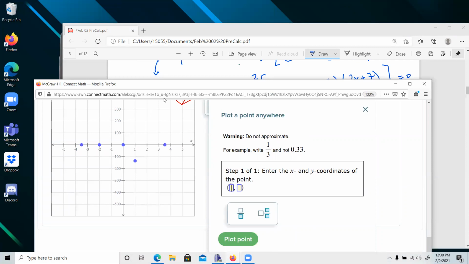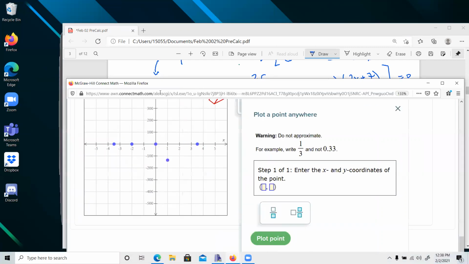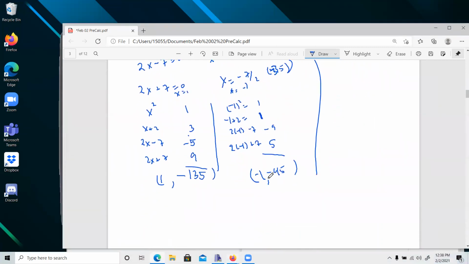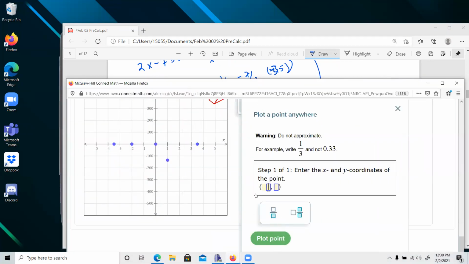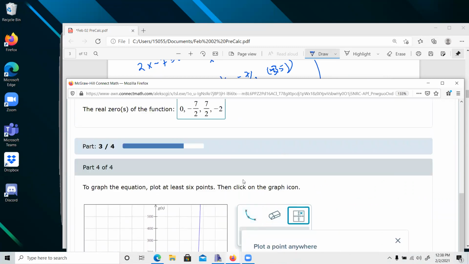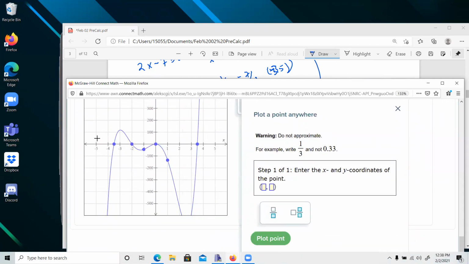So let's hit my other one. That was negative 1 and negative 45. All right, plot that point. And now, yeah, okay, the 5th degree polynomial, we still end up with that same behavior.